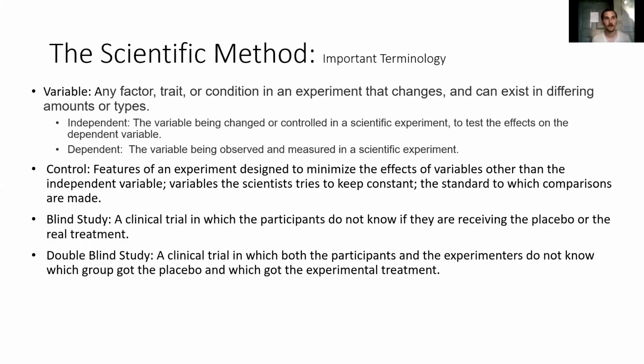And so whereas with the independent variable, maybe we are looking for very specific changes where we want to see it at this temperature and that temperature and this third one. In the case where we don't want to see any differences in temperature, we don't want that to be a factor at all, then that would inevitably be part of the control, where we're going to create parameters where the temperature never changes because we don't want it to affect the results.